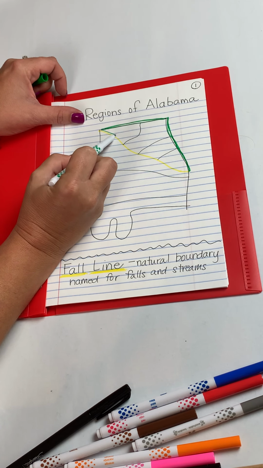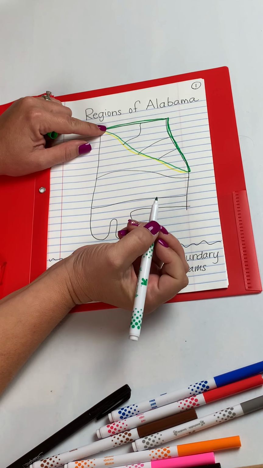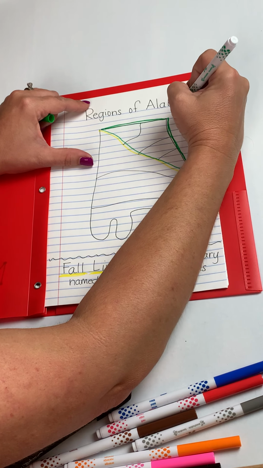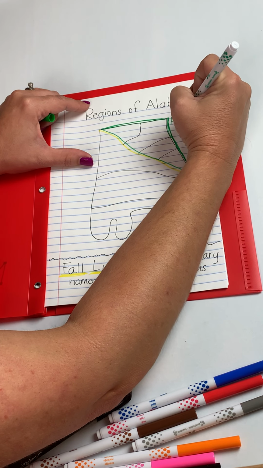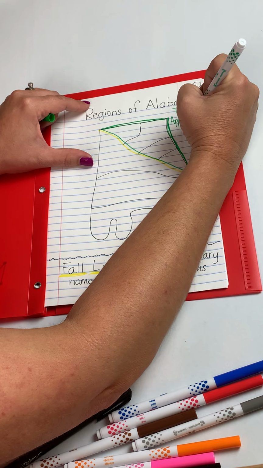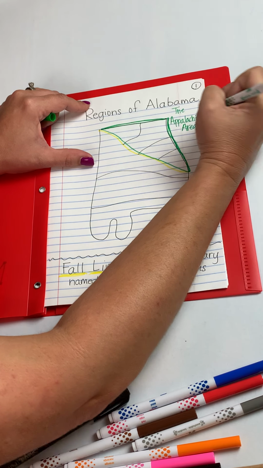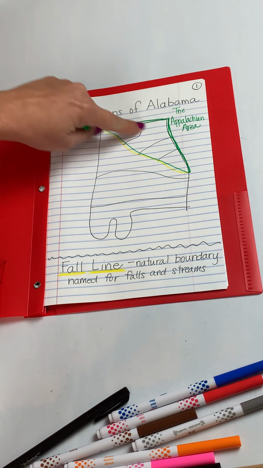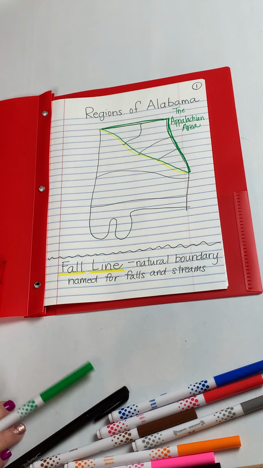This part, this green part, is called the Appalachian area. So all of these regions in this top right part, so the northeastern part of the state, are called the Appalachian area.